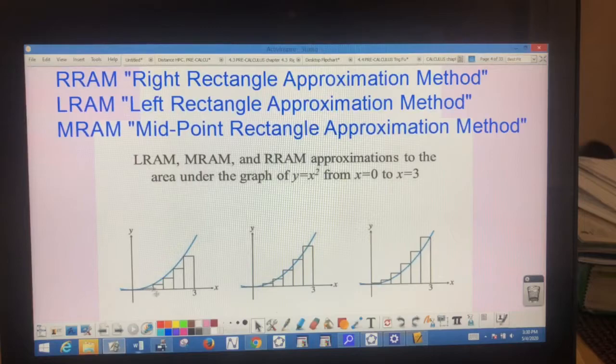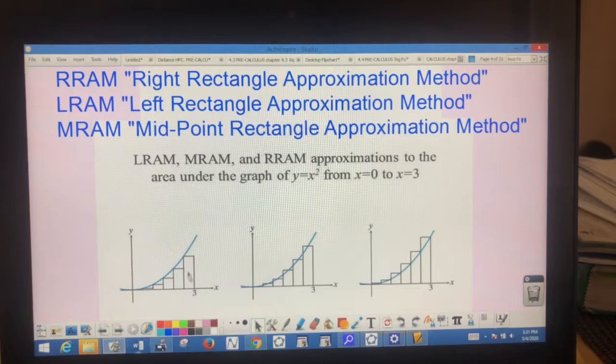They divide things up into like 5 different rectangles. Now this, to me, looks like the midpoint of your top is touching that line. So that's the MRAM. The last picture here is the right side of your rectangle touching that curve.